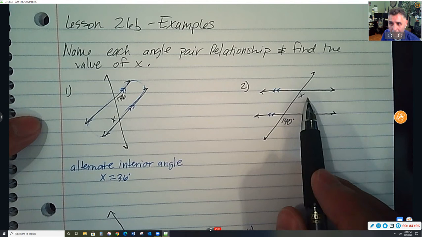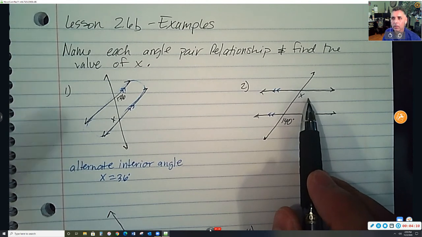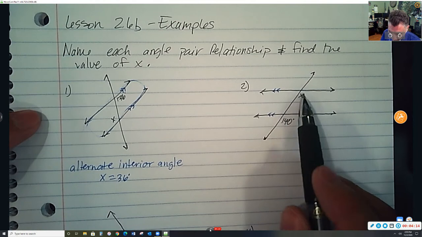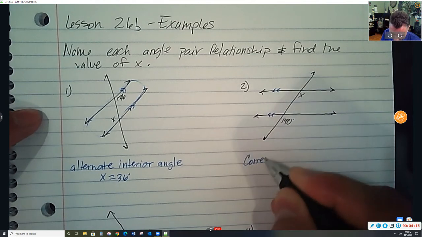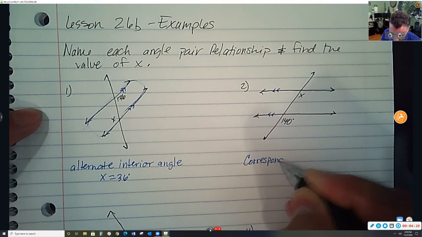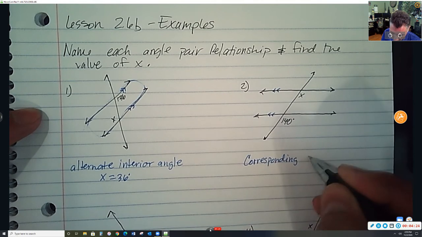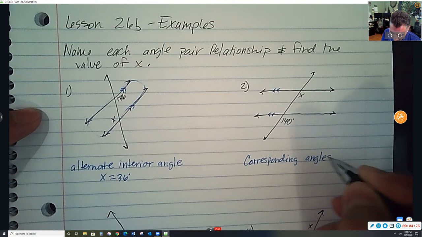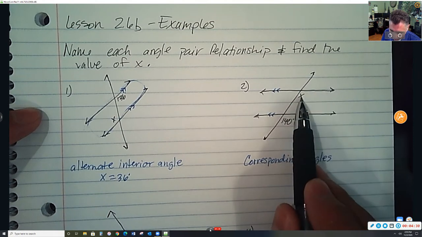Now this one we didn't run into in the last class assignment. But these two angles are corresponding angles, and I'll show you why they're corresponding angles. Corresponding means they're in this corresponding position. And if I look at the transversal and the parallel line, this x is on the right of the transversal and below the parallel line.